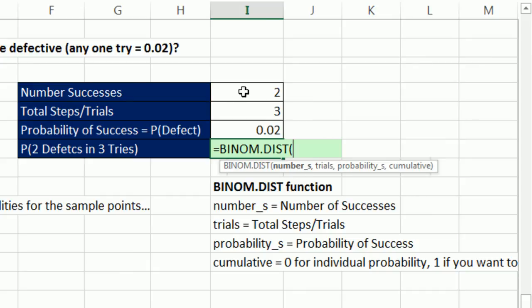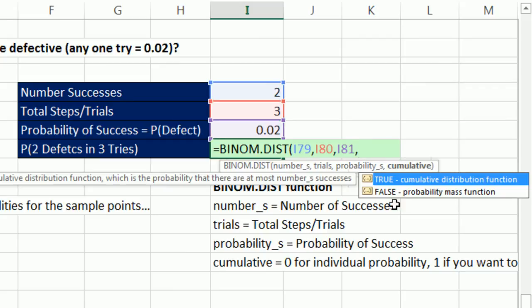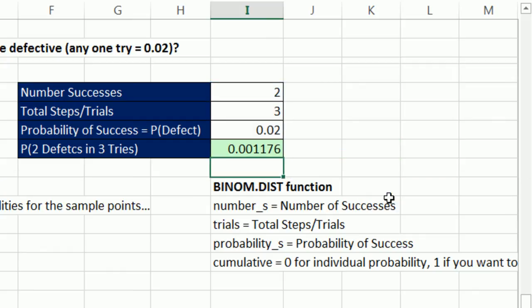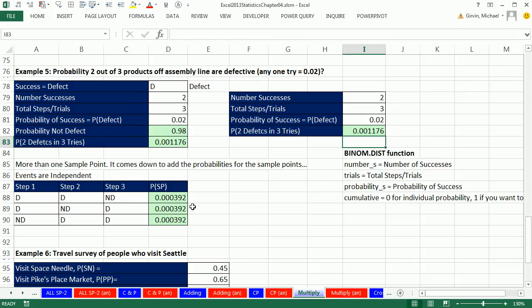That's 2 defects in 3 tries, comma, trials or steps in our multi-step experiment. We have 3, comma, and the probability of success, which remains the same each time, comma, and our false for probability mass, because that's the option that calculates the individual probability. I'm putting 0, and enter. We calculate exactly the same thing.